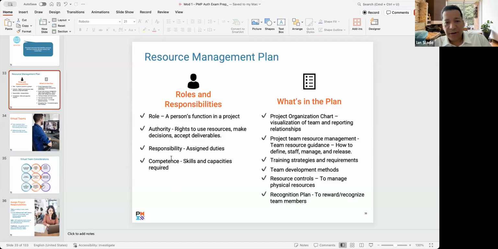Authority is the right to use resources, make decisions, accept deliverables. So as a project manager, you'll have the authority, let's say, over a budget, a certain amount that was approved for this project. You can use within that allocated budget, you have the authority to do so. Responsibility is the assigned duties, and competence is the skills and capabilities that are required to do the role.